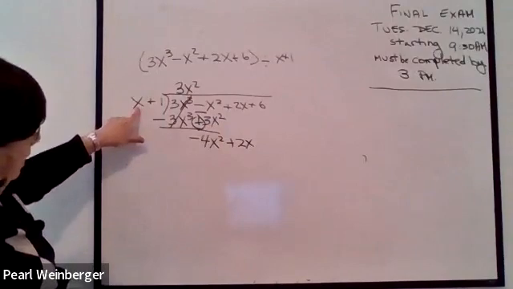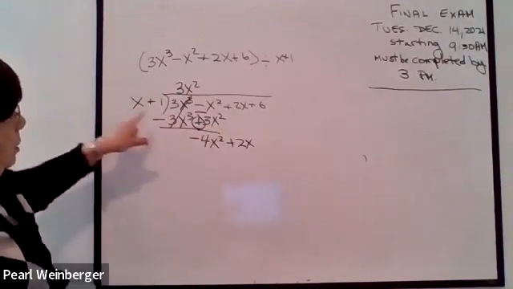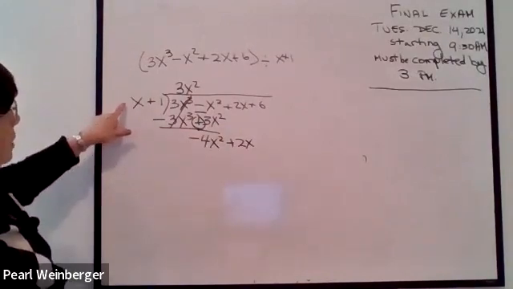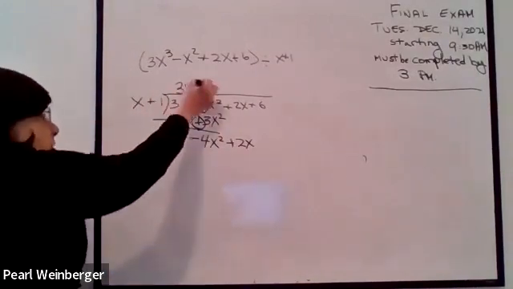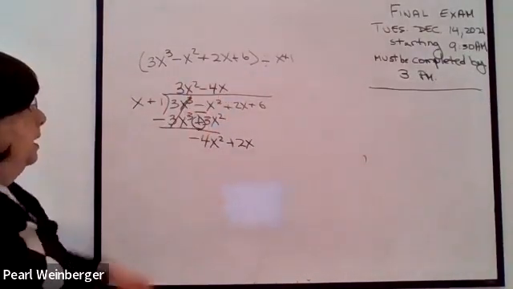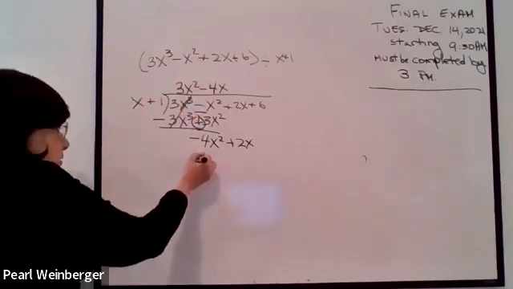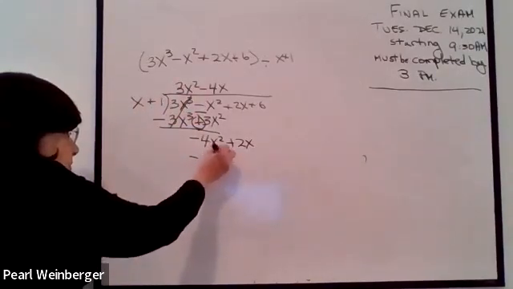I divide the x, the first term, into the first term, the negative 4x squared. So x into negative 4x squared gives us negative 4x. I put that on top, and then I multiply by it. So negative 4x times x is negative 4x squared.